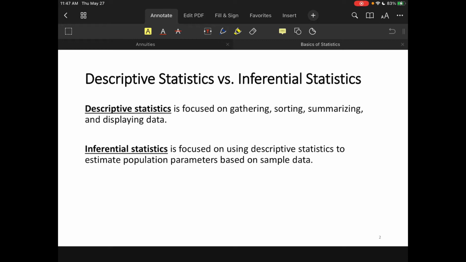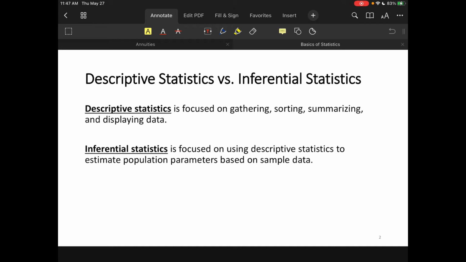And then you have what's called inferential statistics, which is using descriptive statistics to estimate what they call population parameters based on sample data. So just think about you're trying to conduct a study, which is going to cost you time, money, human resources, equipment, and so on and so forth.